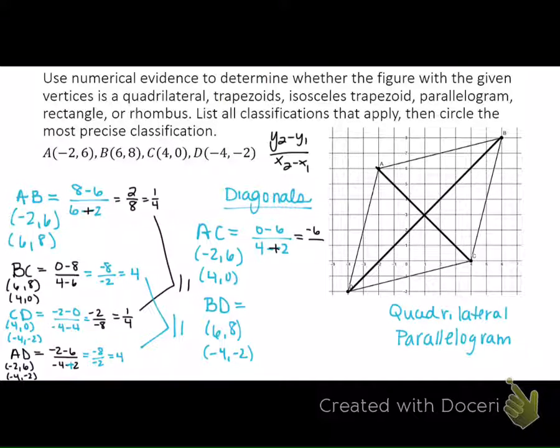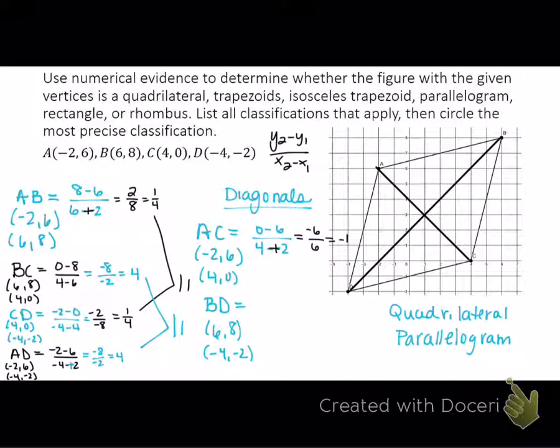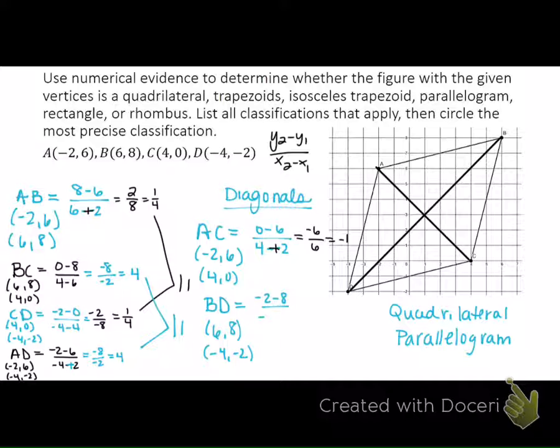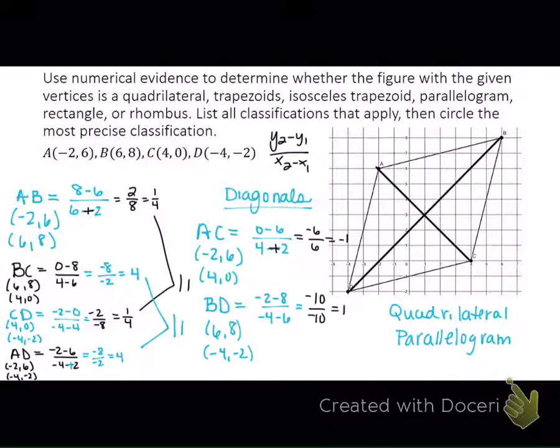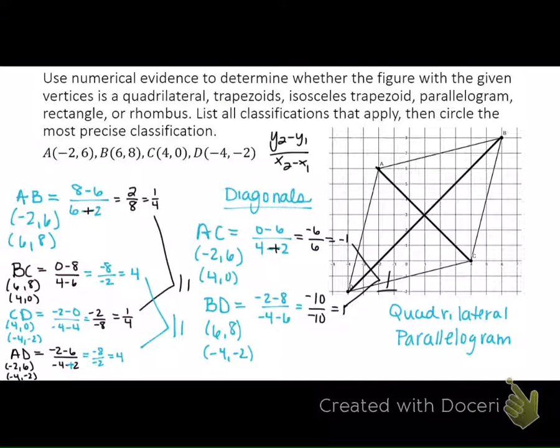They need to be opposite reciprocal. So I get -1. And I get -10 over -10, which is +1. Are 1 and -1 opposite reciprocals? Yep, so those are perpendicular, right? So what shape do we have then?